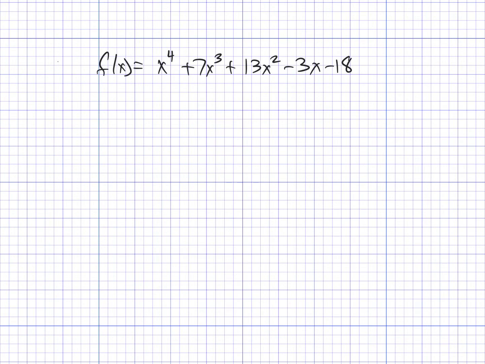Now I want all the zeros. There's 4 of them. I'm going to give you 2. Negative 3 is one, and it has a multiplicity of 2. So there's 2 of your zeros. Begin. Let's start with synthetic division.